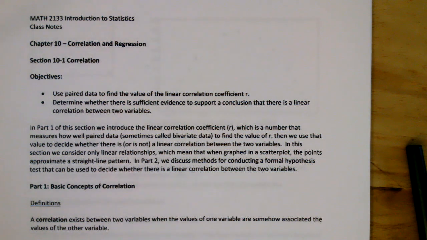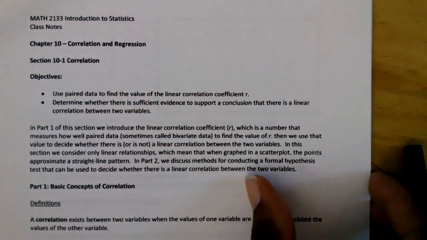So basically, in the textbook, there are like two parts, but we're just going to deal with just part one for now. That deals with some of the basic concepts of correlation. And then also we'll look at how to do a hypothesis test for a correlation between two variables.